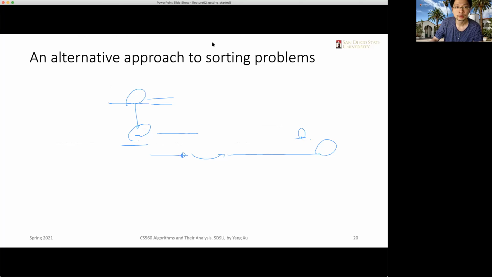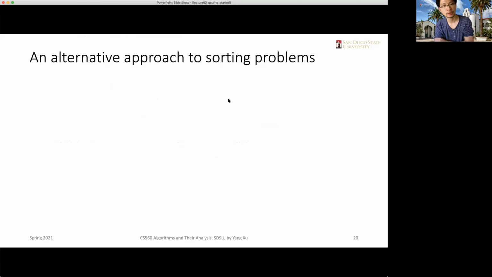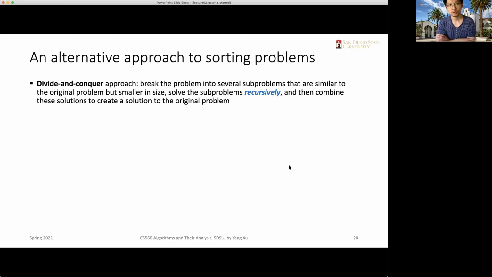All right. Now let's look at an alternative approach to the sorting problem. This is the first time that we introduce the term divide and conquer. It's basically an approach, and we'll see this approach a lot in this course. Given a problem, we can break it into smaller problems, which we call subproblems.